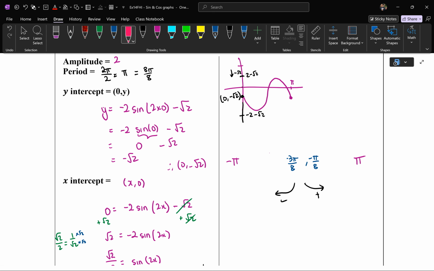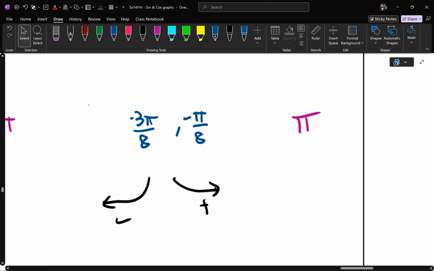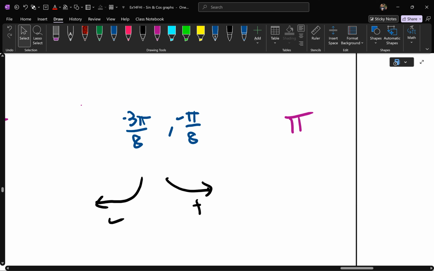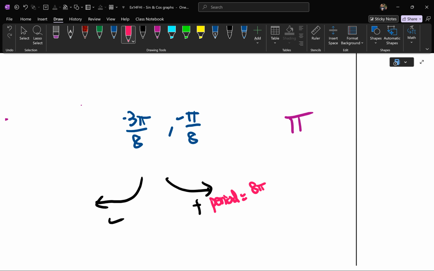So let's do it. Let's add. If I add pi, the period, which is 8 pi on 8, let's add 8 to both the solutions. If I do that, what's negative 3 plus 8? 5.